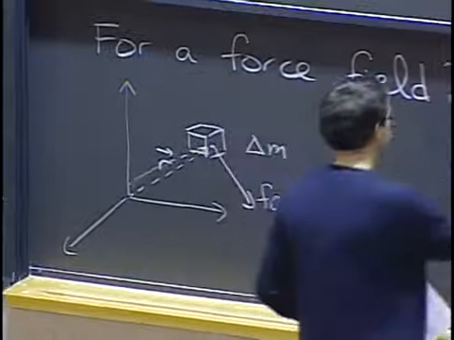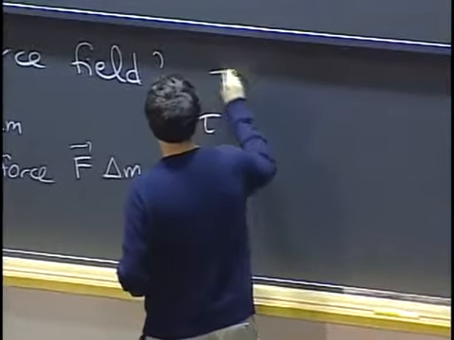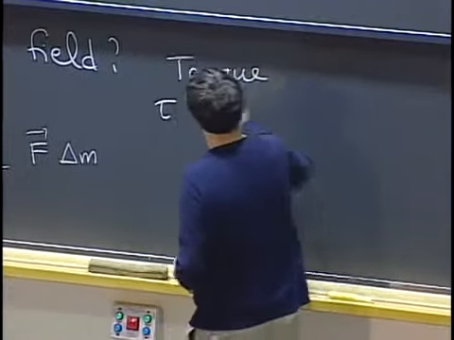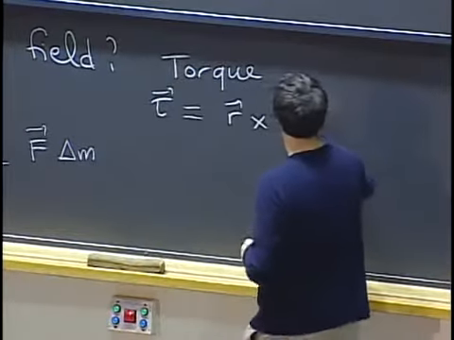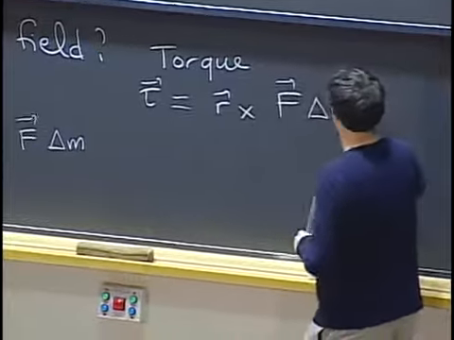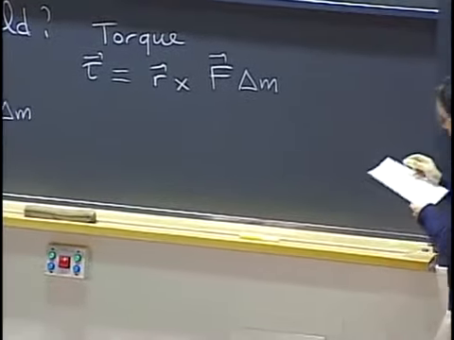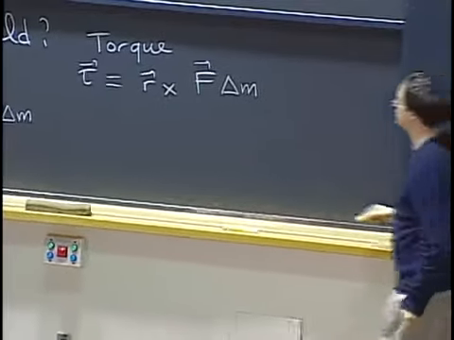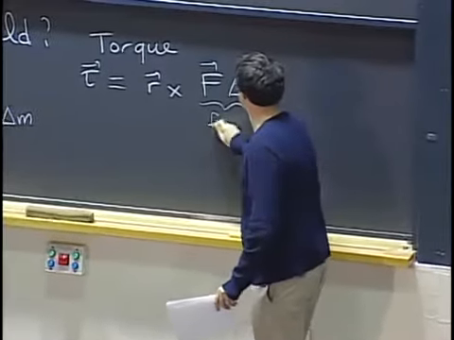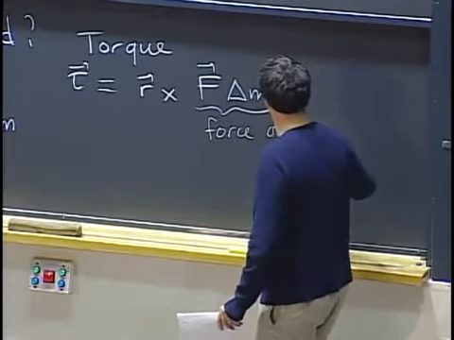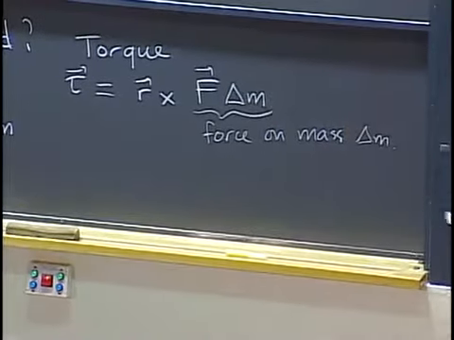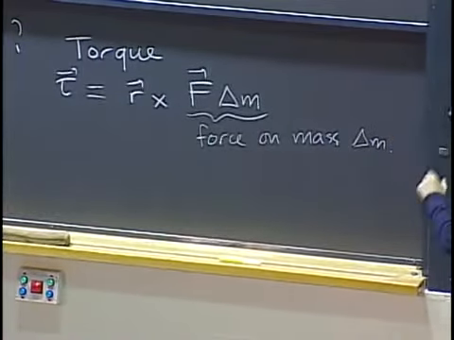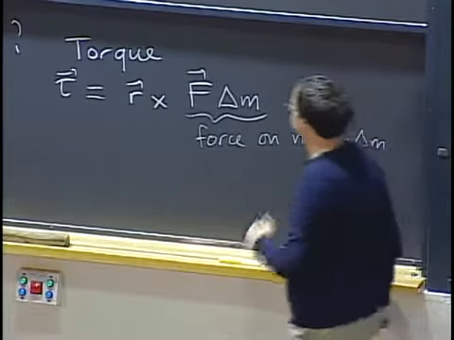So the torque is a vector, which is just the cross product of the position vector with the force. And what the torque measures, again, is the rotation effects of the force.